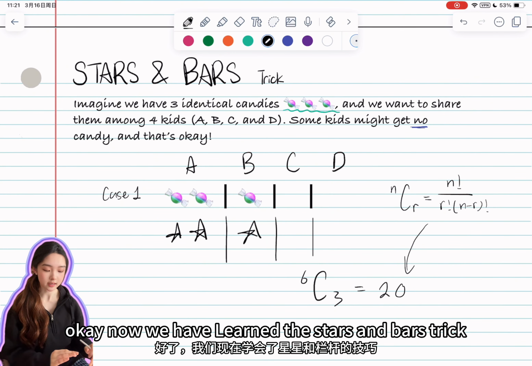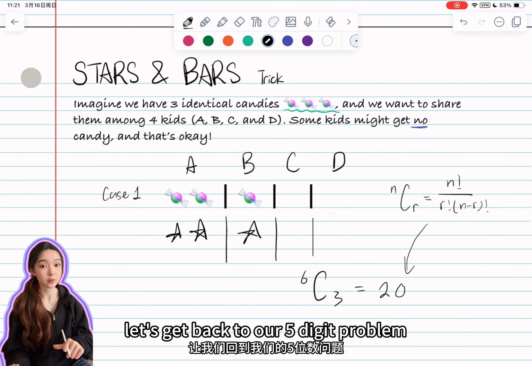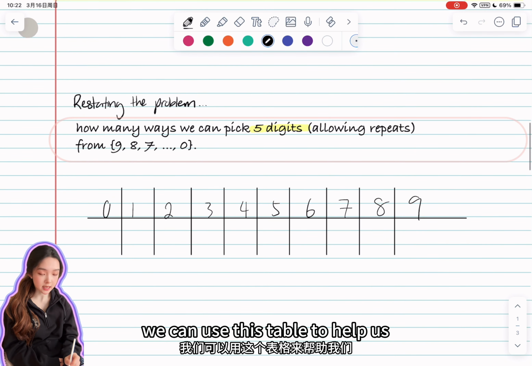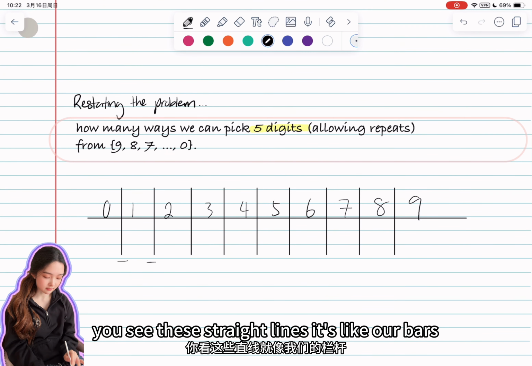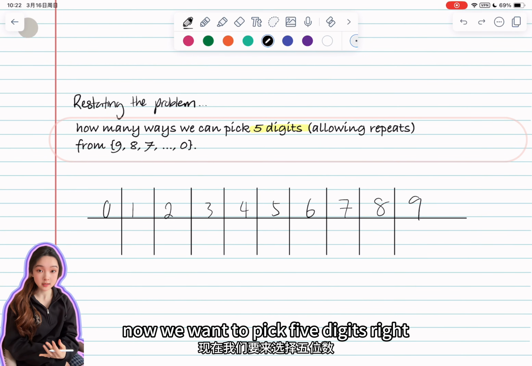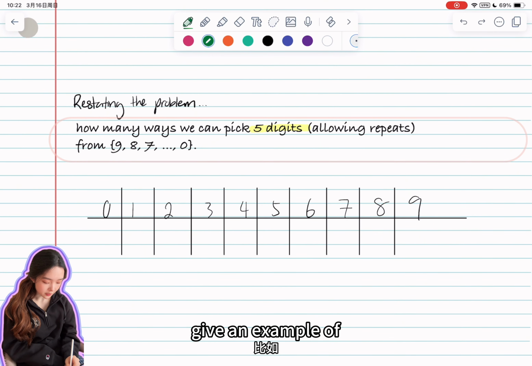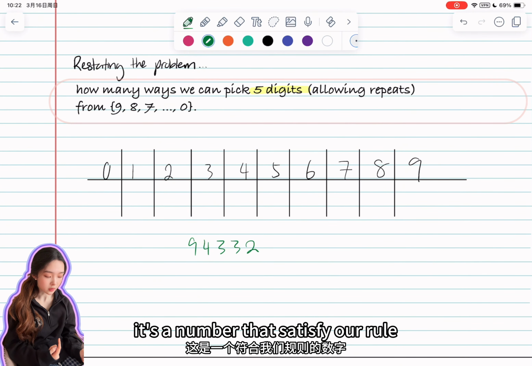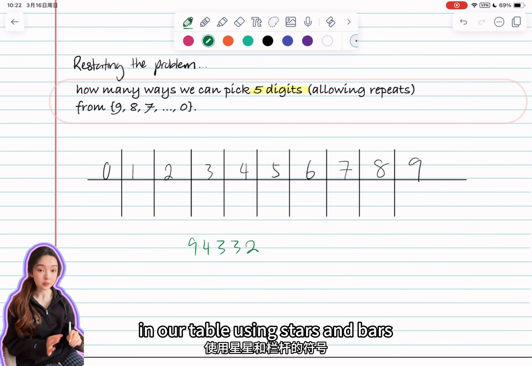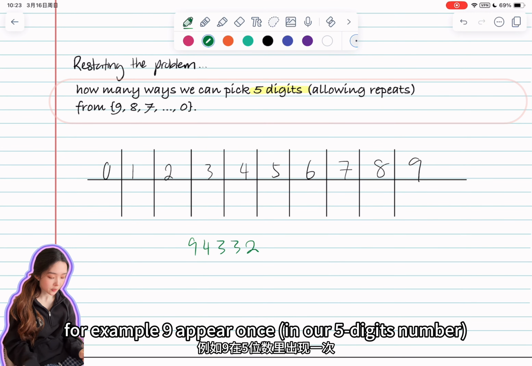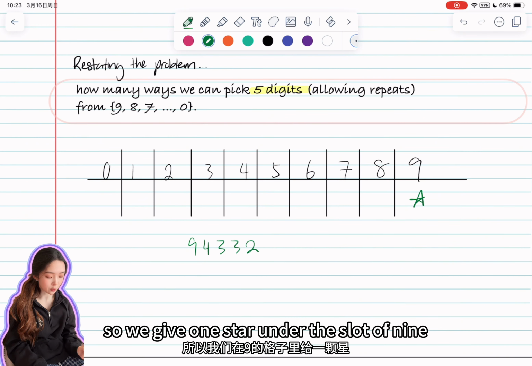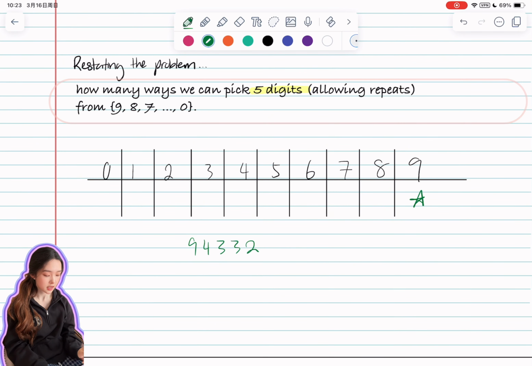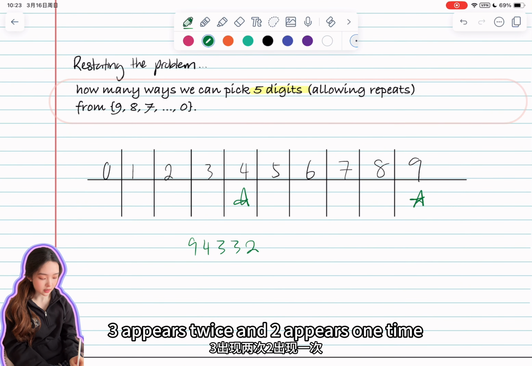Okay, now we have learned the stars and bars trick, let's get back to our 5-digit problem. We can use this table to help us. You see these straight lines? They're like our bars. Now we want to pick 5 digits, right? Let's use 94332 again as an example. It's a number that satisfies our rule, and we can denote it in our table using stars and bars. 9 appears once, so we give 1 star under the slot of 9, 4 appears once, 3 appears twice, and 2 appears once.